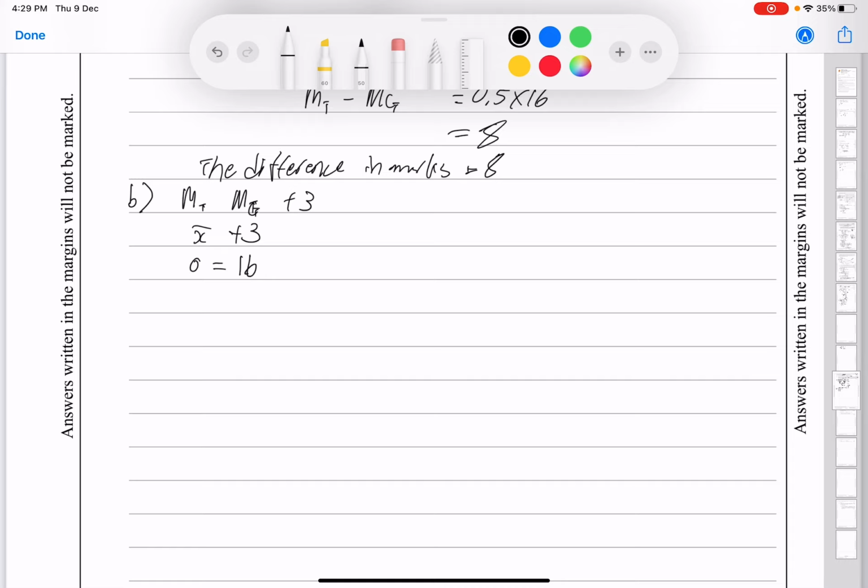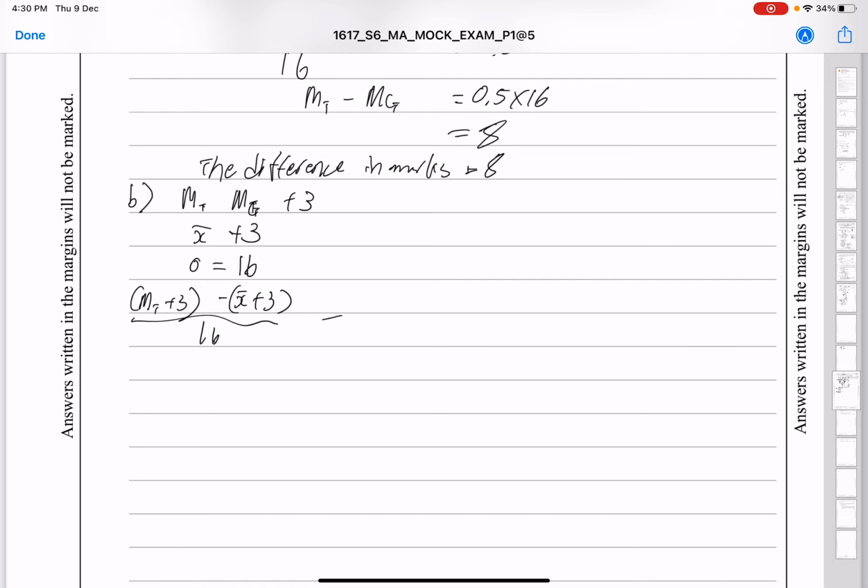So the difference will be like this. MT minus the mean plus 3. Oh, this one needs to plus 3 as well. MT plus 3 minus this one plus 3, divided by 16, minus marks of George plus 3 minus the mean, divided by 16 again.